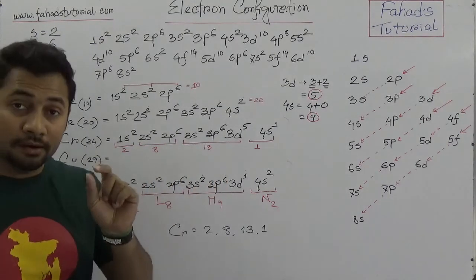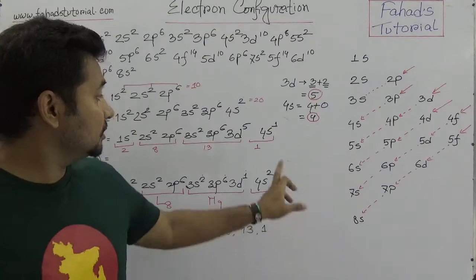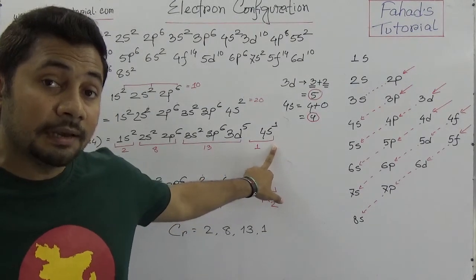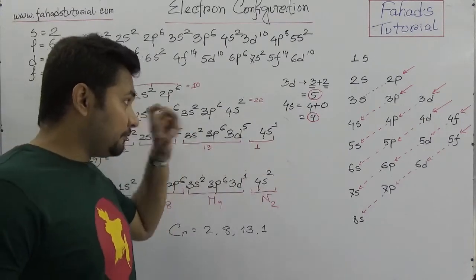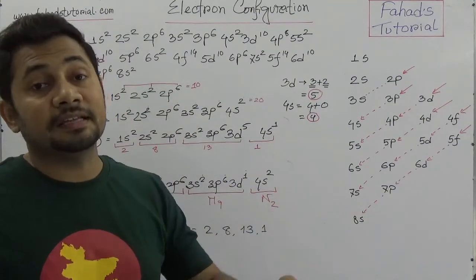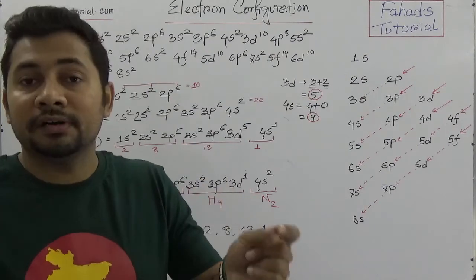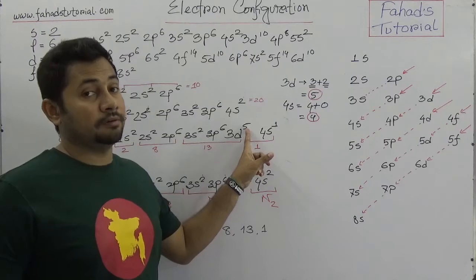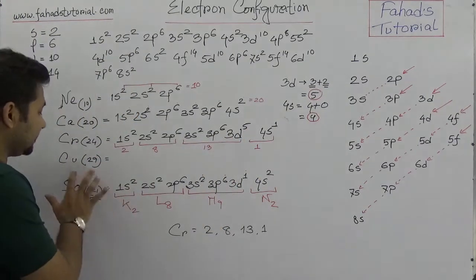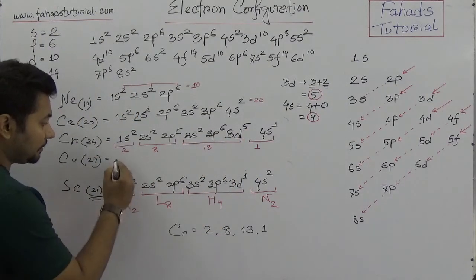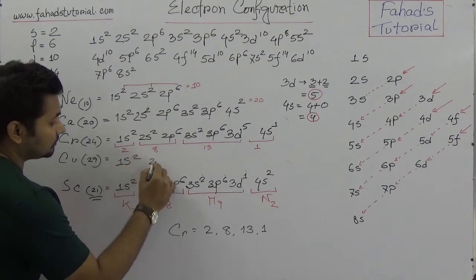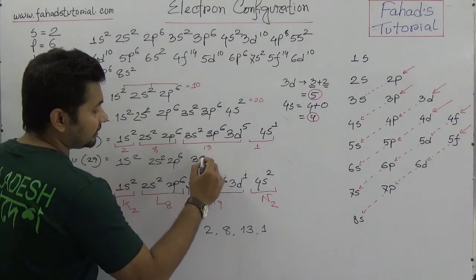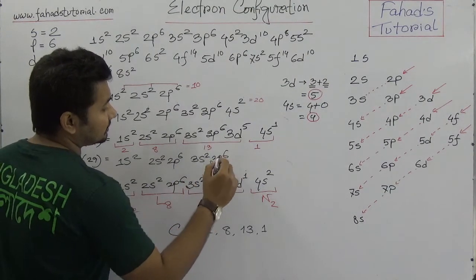Okay, so we know that the electron will go first to 4s, so it will be 4s2 first. But if, with 4s2, we see that 3d would be 4 or 9, we won't write 4s2 and 3d4, no. So what would it be in the case of copper? In copper, it would be 1s2, 2s2, 2p6, 3s2, 3p6.